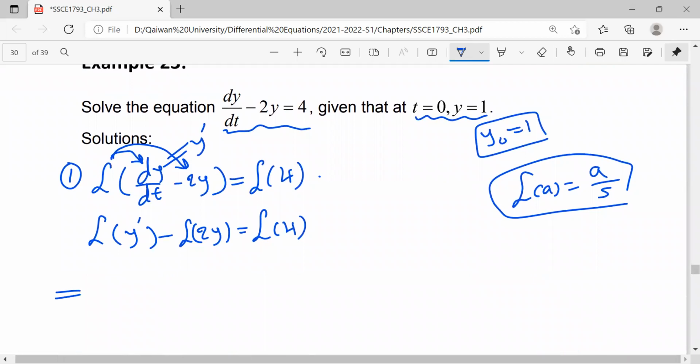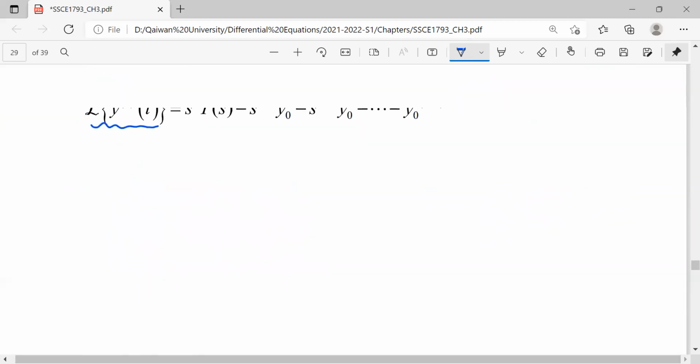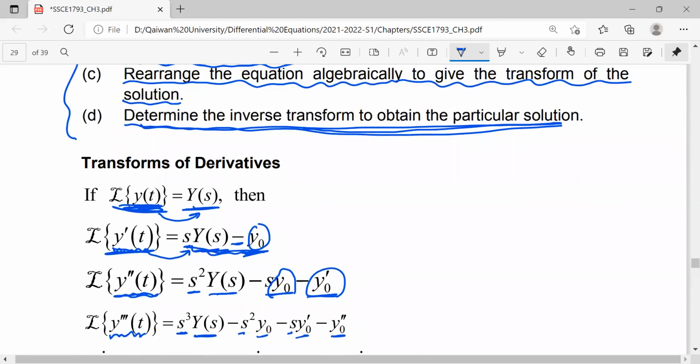This equals s times capital Y of s minus y naught, minus 2, where we take the 2 out of the Laplace transform, times the Laplace transform of y, which is Y of s.